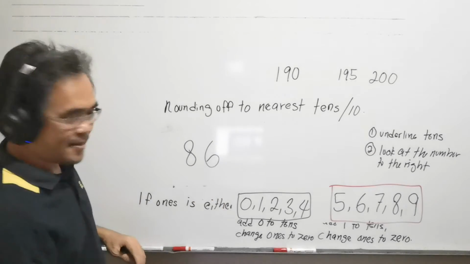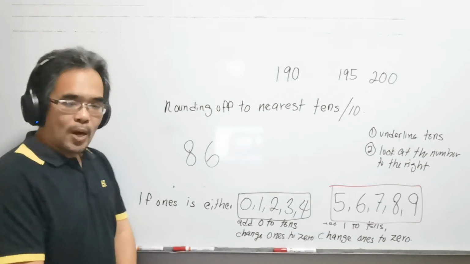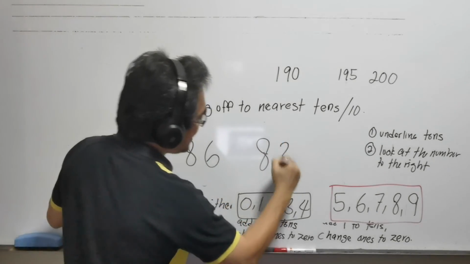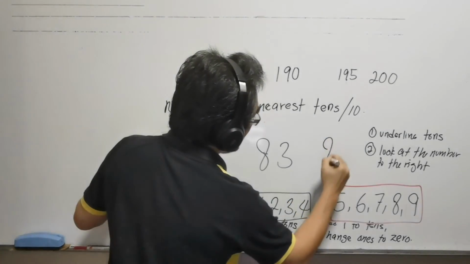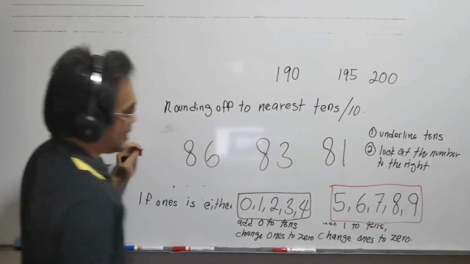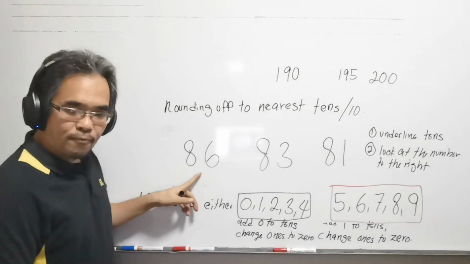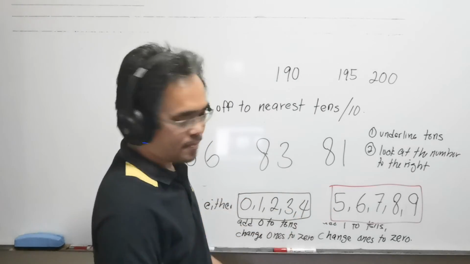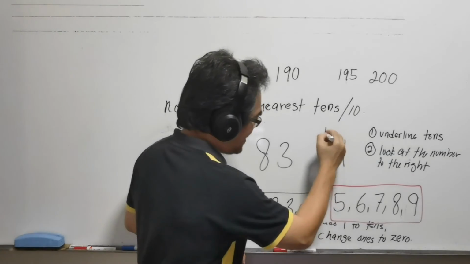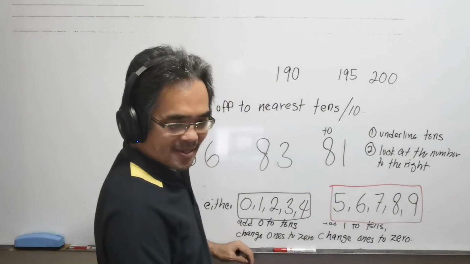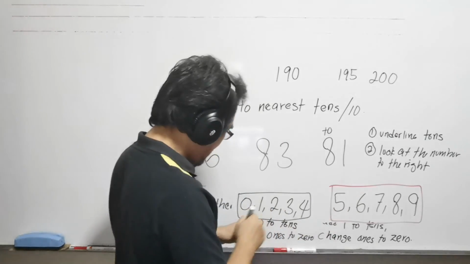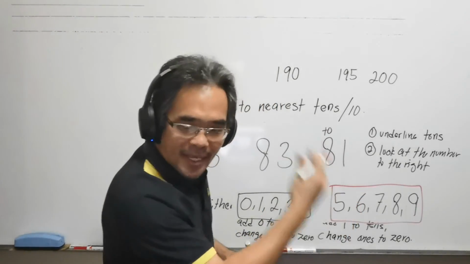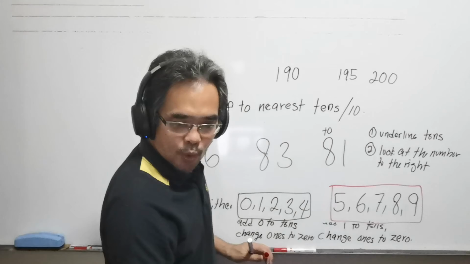86. What if you round off to the nearest ten? And 83? And 81. If you round off, it becomes what? Plus 0. Becomes... At the back, you always have to turn it to 0.